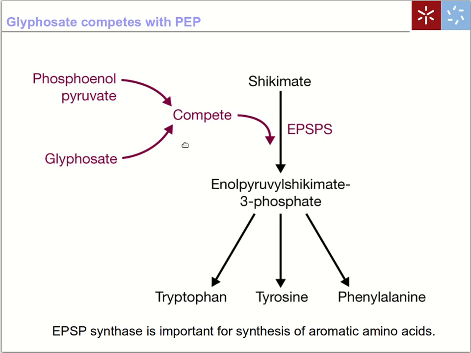Glyphosate is a competitive inhibitor of the enzyme, and it competes with phosphoenolpyruvate in the synthesis of enolpyruvyl shikimate 3-phosphate.